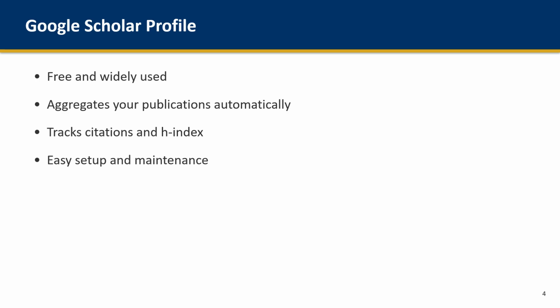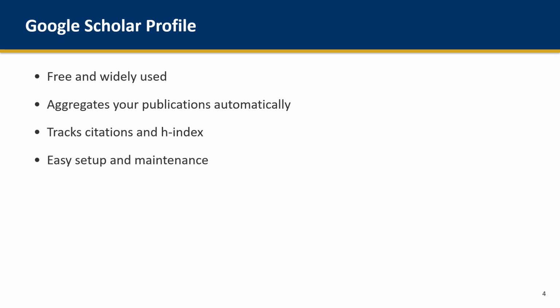Citation tracking shows how often your work is cited and calculates metrics like your H-index. While metrics have limitations and should not be overvalued, they provide objective evidence of scholarly impact that hiring committees and evaluators notice. Having accurate citation data helps rather than hurts you. Setup is straightforward. Create a profile using your institutional email for verification.